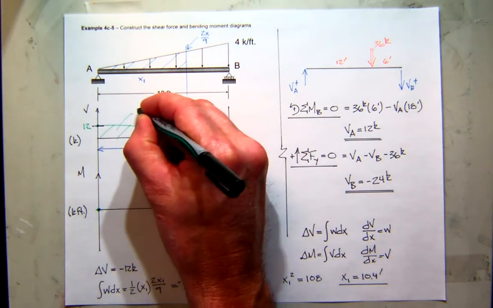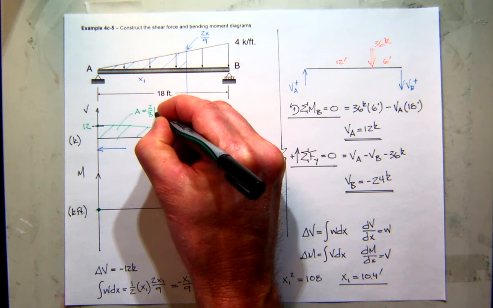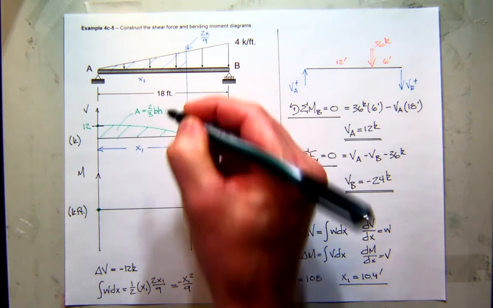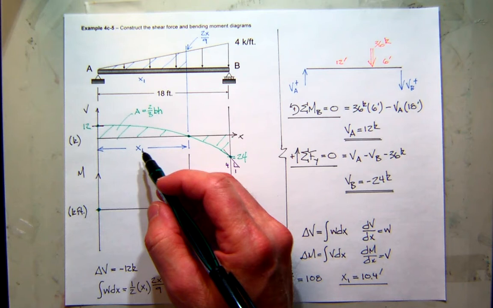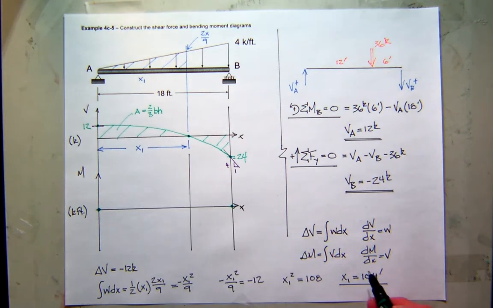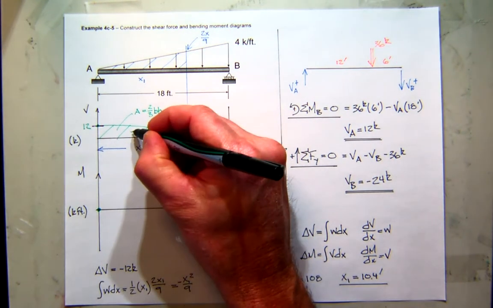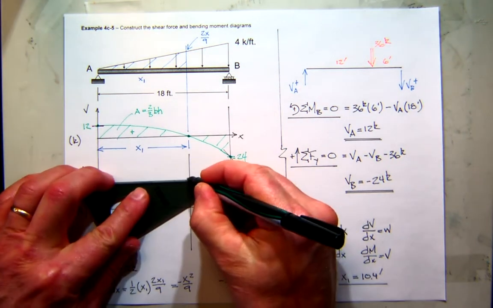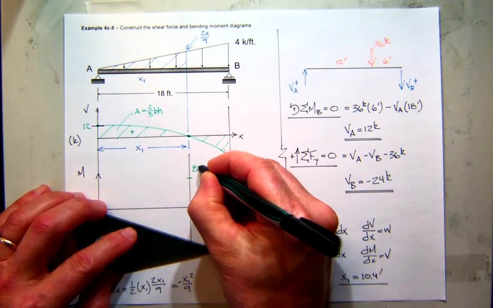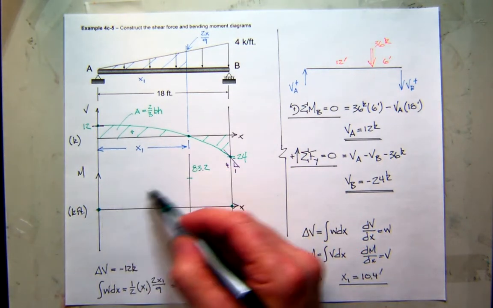And the area of that is 2/3 the base times the height. So 2/3 base is x1, which is 10.4, times height, which is 12. Somebody calculate that for me real quick. 83.2?